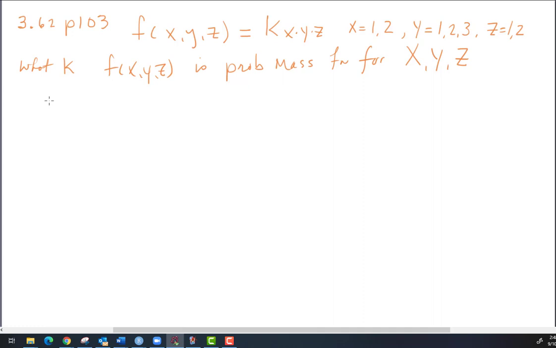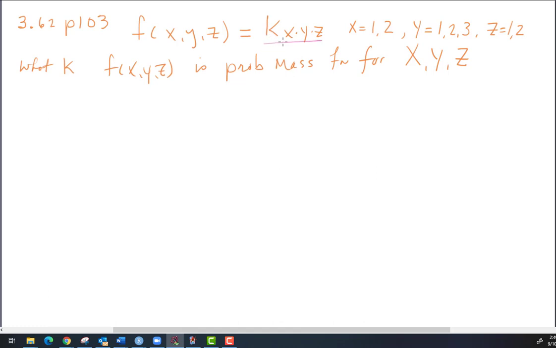The first thing that would have to be true for the probability mass function is that for all values of x, y, and z, this quantity has got to be non-negative. Well, it's the product of 3 numbers, x, y, z, and they're all positive integers, so no problem there. But that tells me that k is going to have to be positive also.